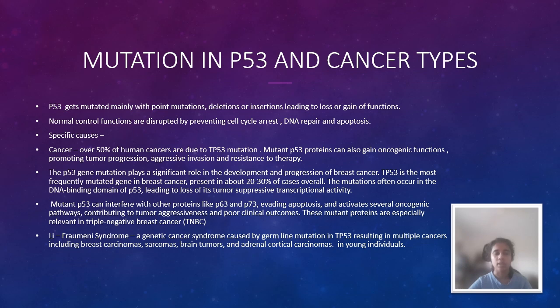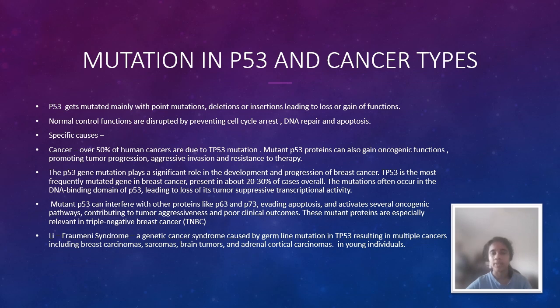Li-Fraumeni syndrome is an important genetic syndrome that we have to discuss. It's a hereditary cancer syndrome that you have because of a germline mutation in the p53 gene, and it results in multiple cancers.